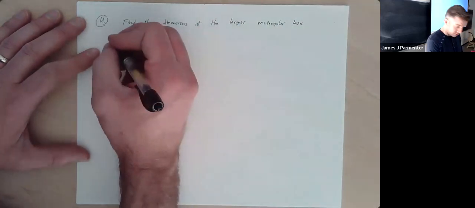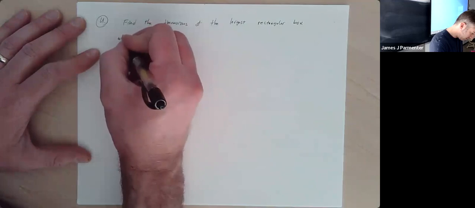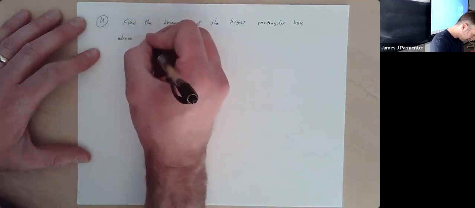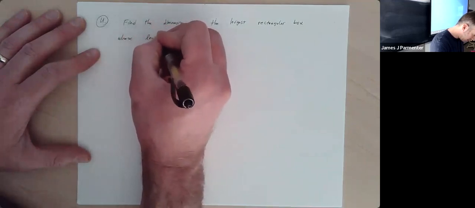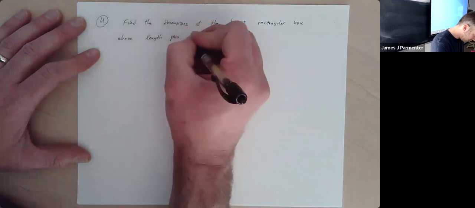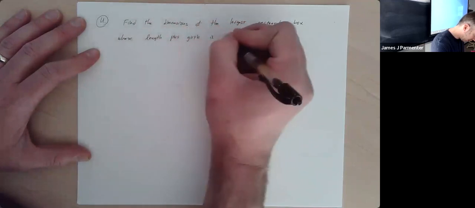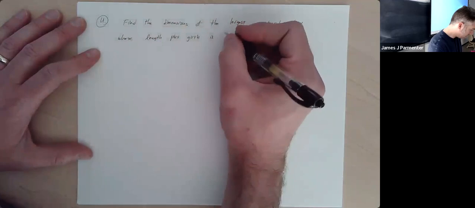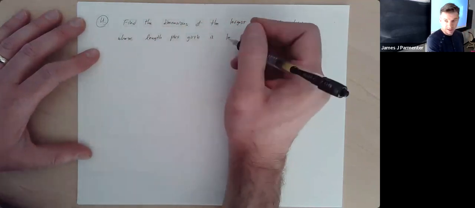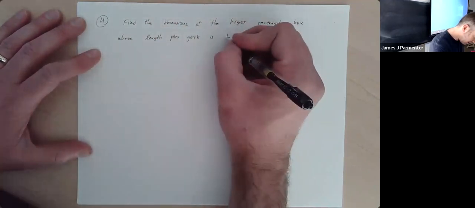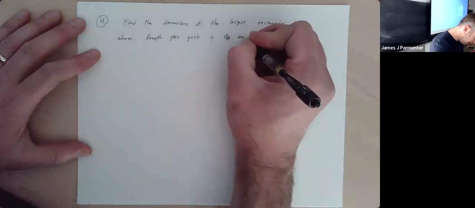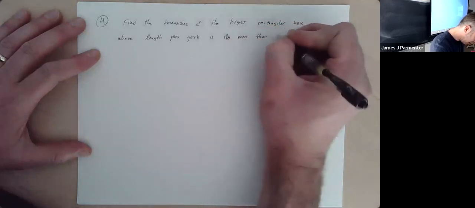And I'll just write the constraint whose length plus girth is, I should say, it's easier to say no more than, instead of less than or equal to, is no more than 108 inches.